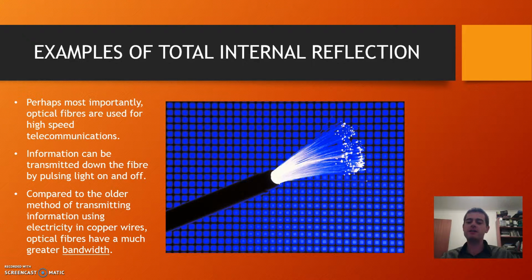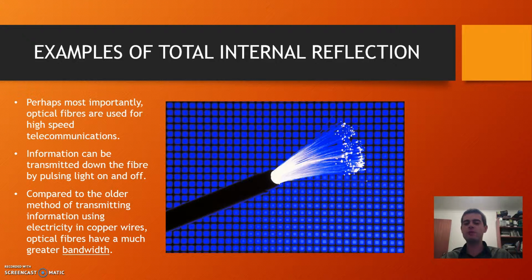And bandwidth is basically how many different signals can be on the wire at once. So with copper, you can have many different signals traveling down the wire at once, but with light traveling down fiber optic cables, you can have many, many times more, which allows you to carry more data, more conversations, high-speed internet, all that kind of stuff. So it's about the higher bandwidth. That's the reason we like using fiber optics instead of copper cables.